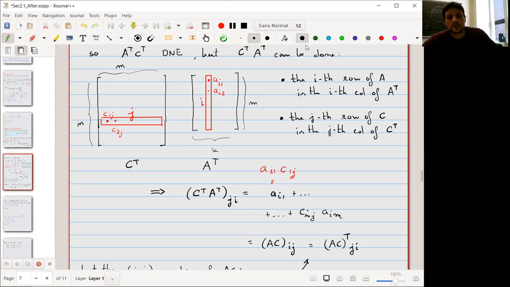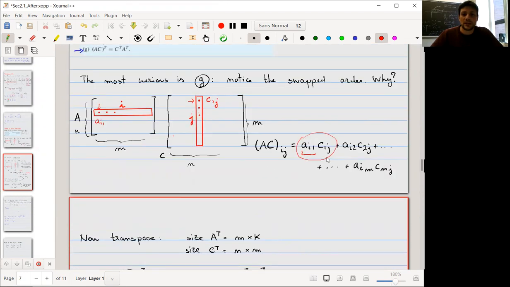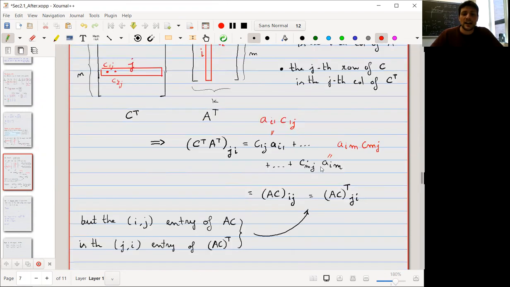And then all the way up, every one of these factors, if you switch the order, AiM, CMj. In other words, the ji entry of C transpose A transpose is the same as the ij entry of A times C, which is what we wrote up here. But the ij entry of A times C is the same as the ji entry of (AC) transposed.